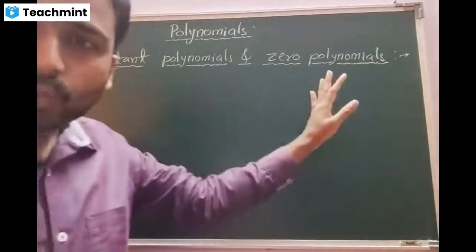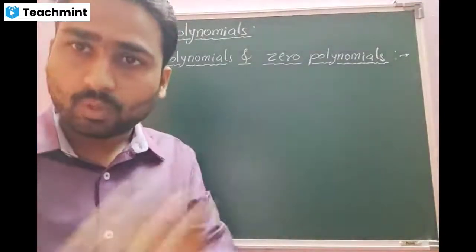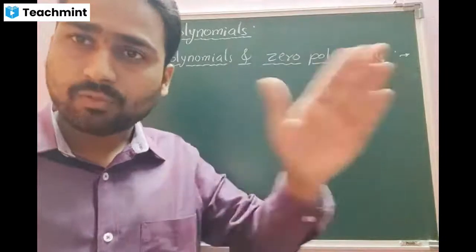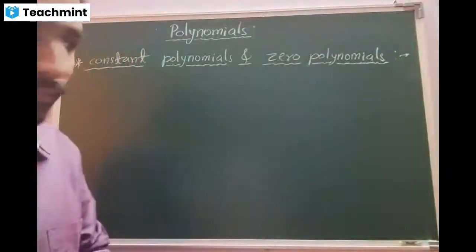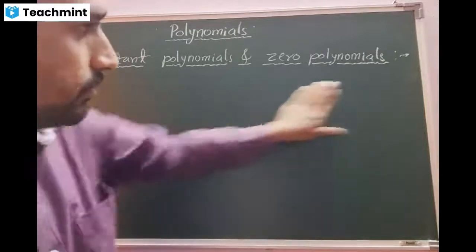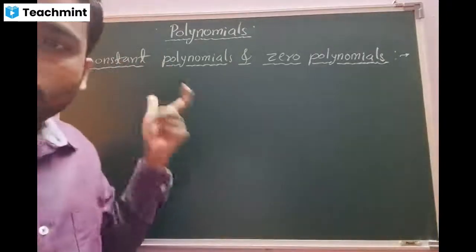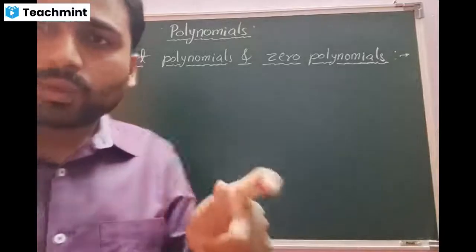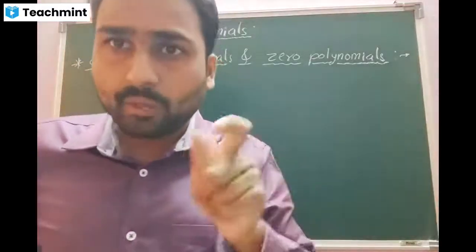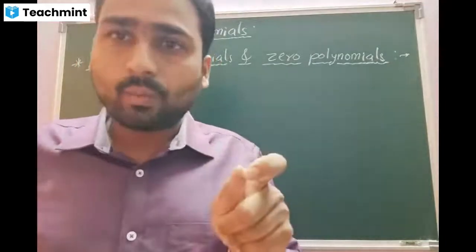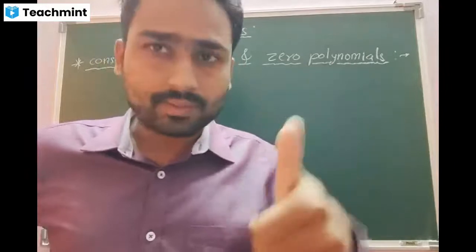Students, these two are the special varieties of the polynomials, which we are going to discuss apart from category 1 and category 2. Is that clear? Now, the question comes, what is a constant polynomial first? Beta, whenever we write only the numerical values, I repeat, whenever we write only the numerical values, we call them constant polynomials. Is that clear?